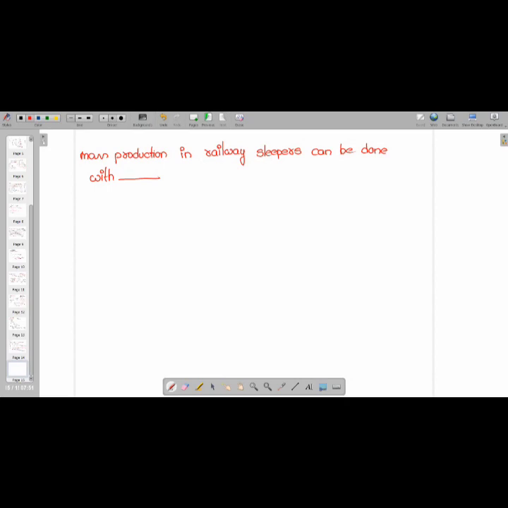Can anyone tell me, sir? I've told you already. Mass production in railway sleepers can be done with Hoyer's method. I told you already.